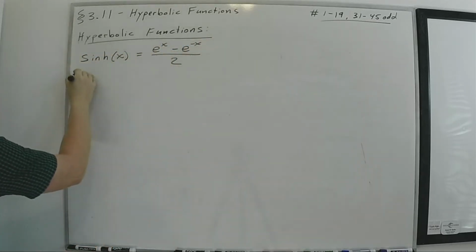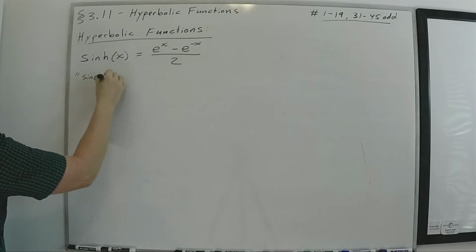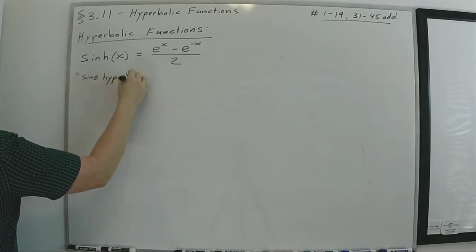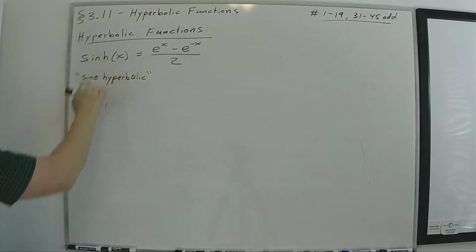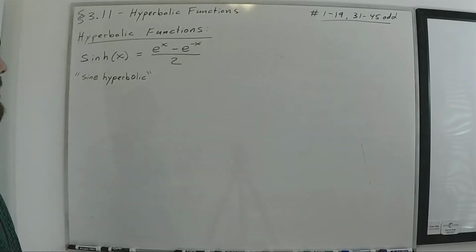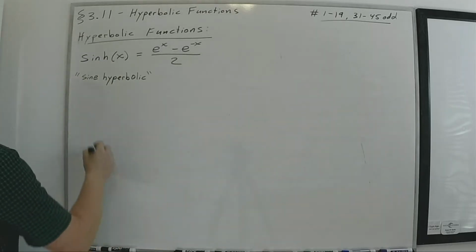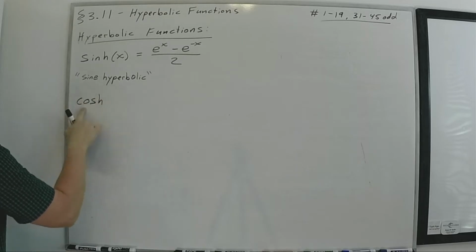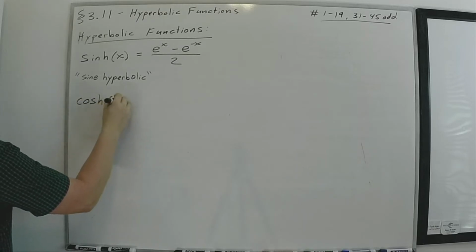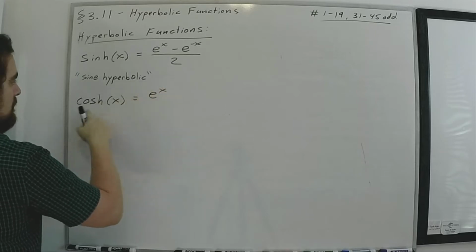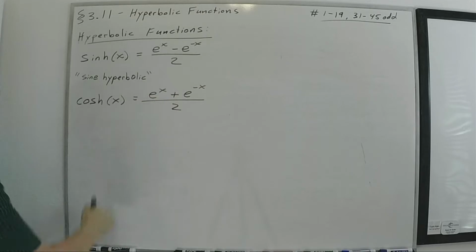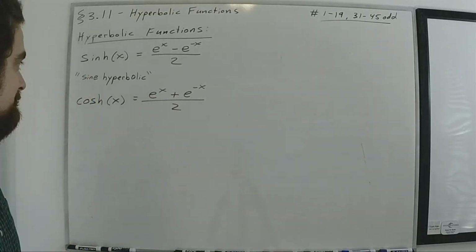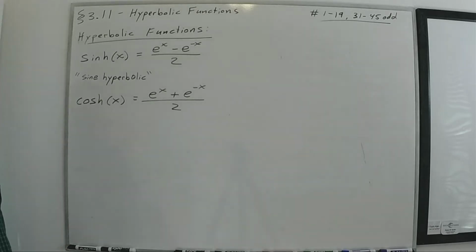Now, the way we say it is sine hyperbolic, and it's written S-I-N-H to denote that it's the hyperbolic version of the function. All right, and this will go for all the rest as well. Cosine hyperbolic, looks like cosh, but it's cosine hyperbolic, is e to the x plus e to the negative x over 2. Notice how these hyperbolic functions are actually defined by the exponential function, which is pretty neat.